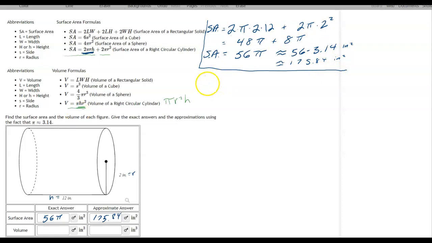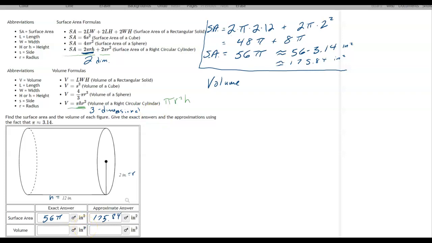Now the volume is actually a simpler measurement for calculating anyway. But remember, volume is three-dimensional, as opposed to area, which is two-dimensional. And so these are going to be cubic inches, and that's why we have the inches with the little 3 in the exponent there.